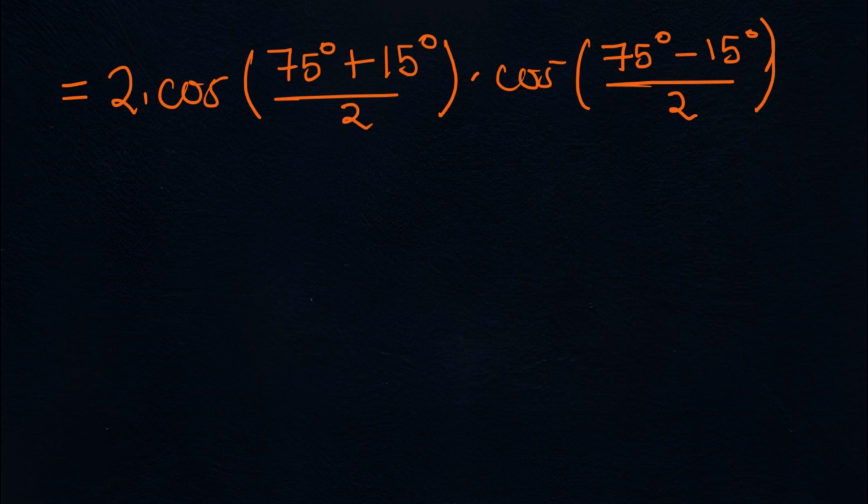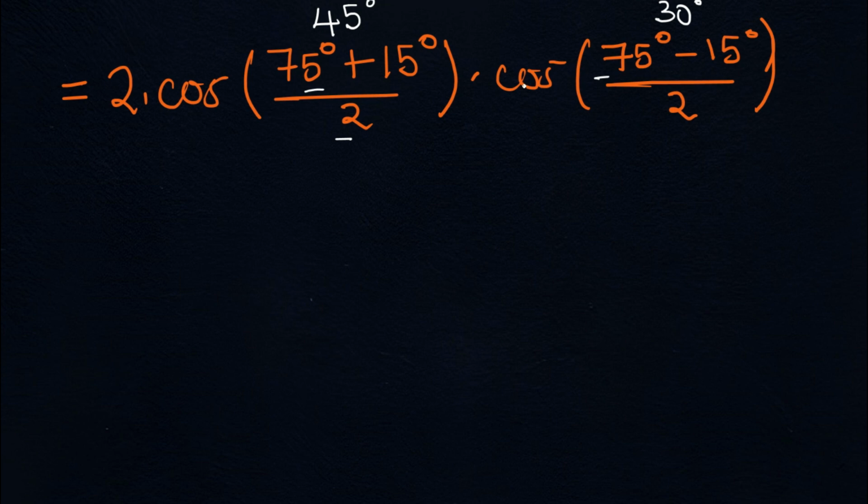So the next step will just be to simplify whatever we have inside the brackets. 75 plus 15 is going to give us 90, and then 90 divided by 2 is going to be 45 degrees. And then 75 degrees minus 15 degrees is going to give us 60, and 60 degrees divided by 2 is going to give us 30 degrees.